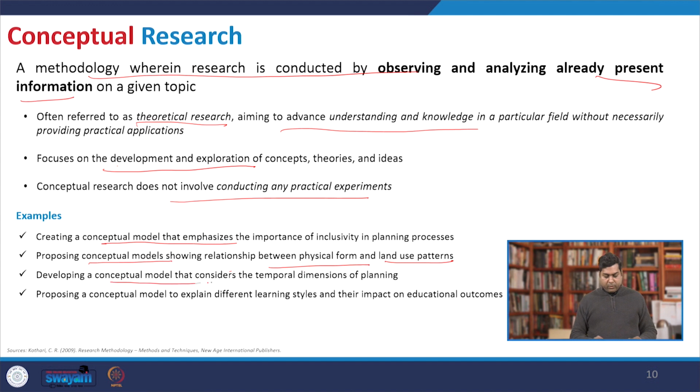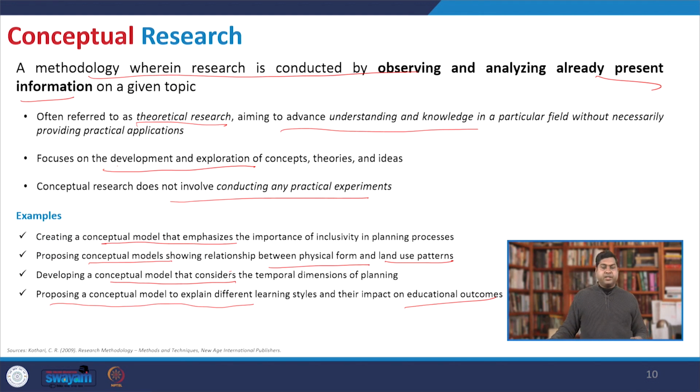Developing a conceptual model that considers the temporal dimensions of planning, the change or growth that has happened. Proposing a conceptual model to explain different learning styles and their impact on educational outcomes. Again, this is much more concept-based, and there is no practical experiment involved in this.